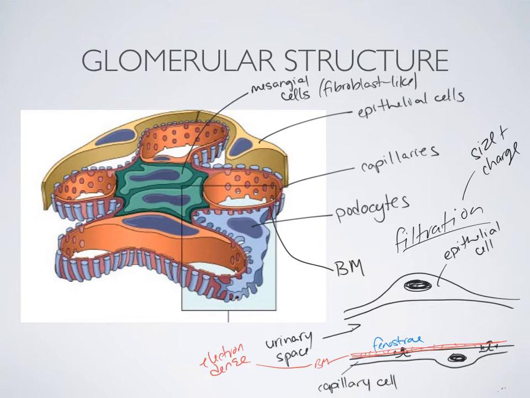And then our third layer here are these podocytes, the podocyte feet. And the spaces in between them we call filtration slits.